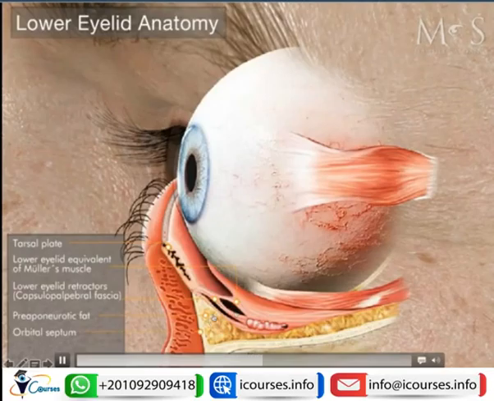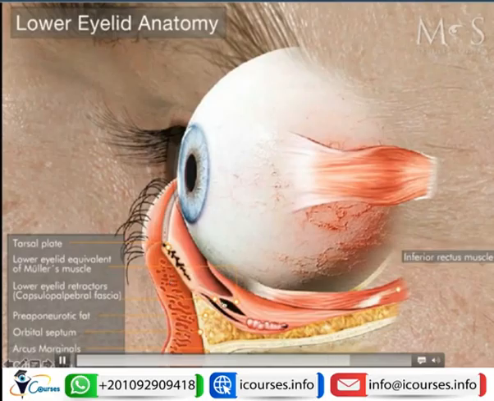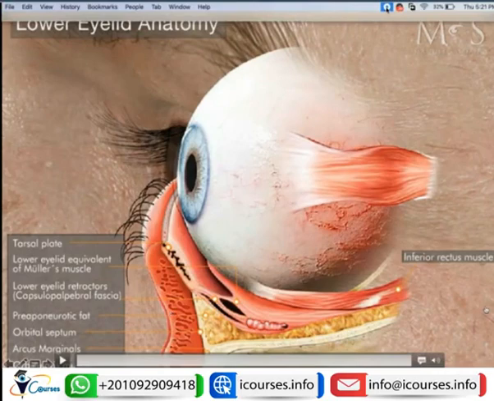There will be the preaponeurotic pad of fat and orbital septum here as well, and the arcus marginalis. And this is the orbicularis oculi muscle. So the difference is that we don't have a levator, but we have other lower lid retractors, such as the inferior tarsal muscle and the capsulopalpebral fascia. And here we can see the inferior rectus muscle.